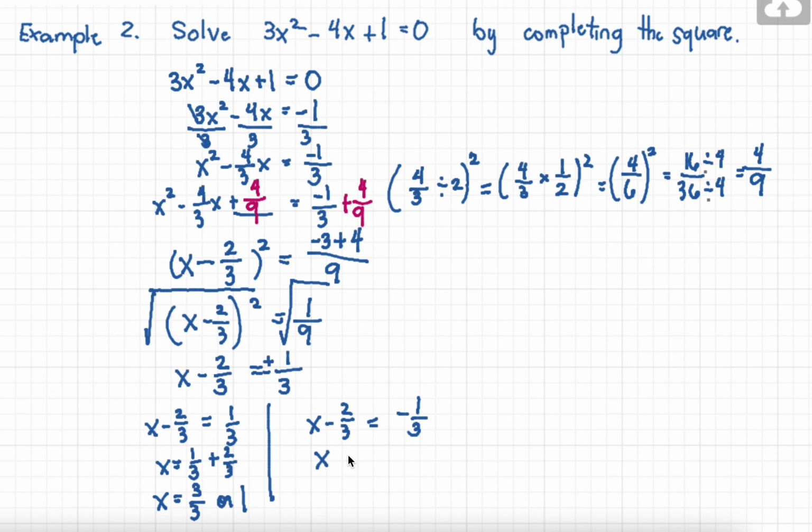So, kabila naman, x is equal to negative 1 over 3 plus 2 over 3 kasi negative magiging positive. So, we'll have, okay, same din yung denominator which is 3. So, negative 1 plus 2 is 1. So, our answer will be 1 over 3. So, the solutions for this equation are 1 and 1 over 3.